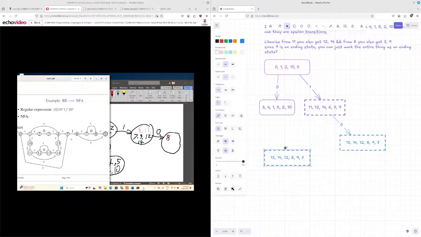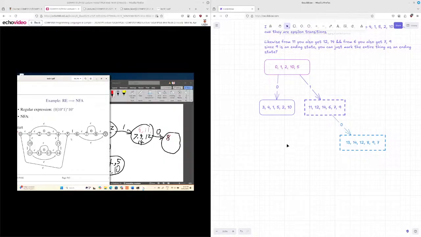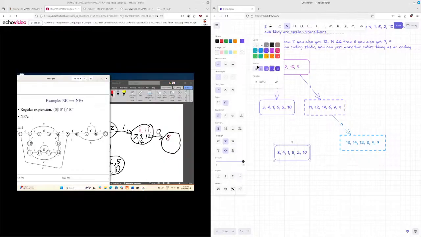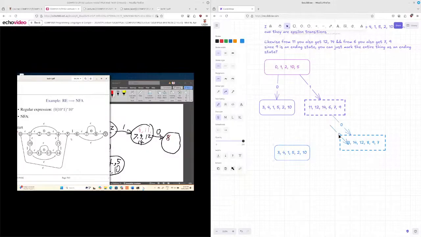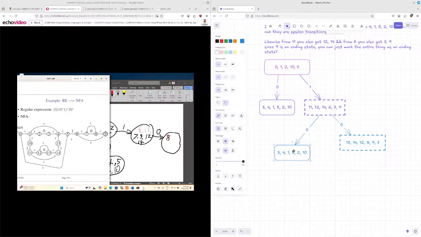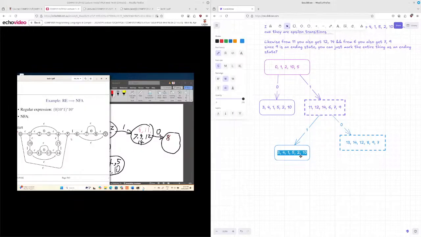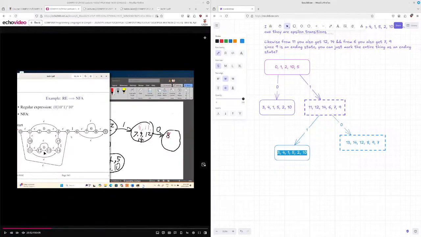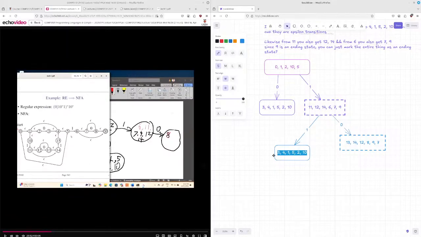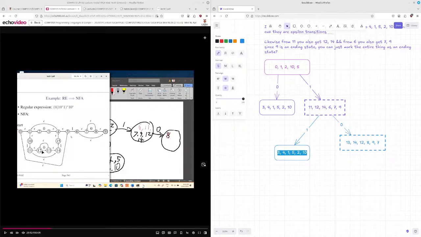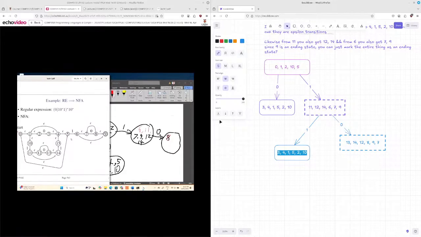So we try 1. 11 on 1, no such thing. 12 on 1, no such thing. 14 on 1, you get 15.